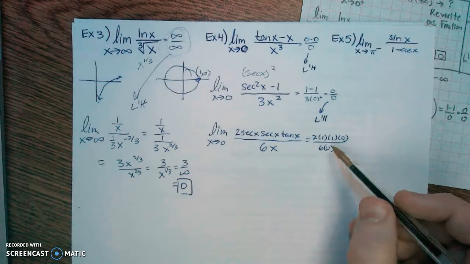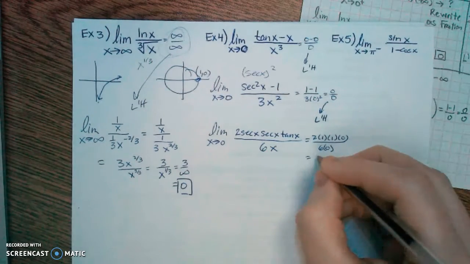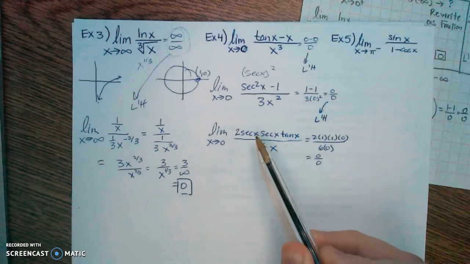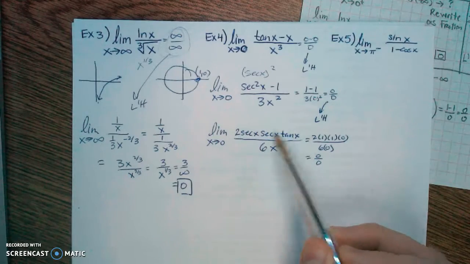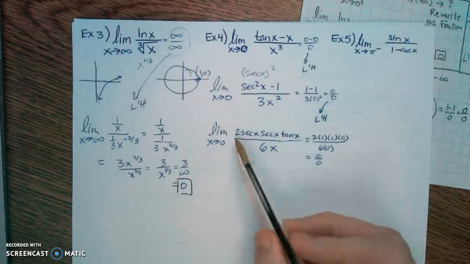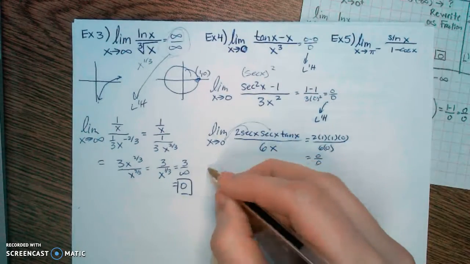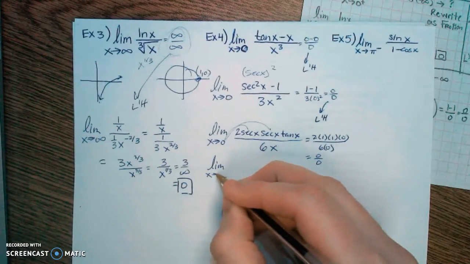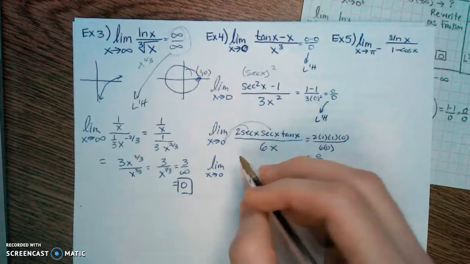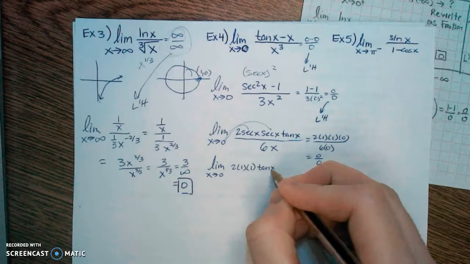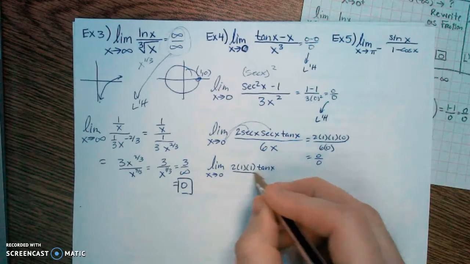Now, that means I can use L'Hopital again because I have the 0 over 0. However, let's try to simplify this as much as we can. So if I plug in my zeros here, the limit as x approaches 0 would be 2 times 1 times 1, but let's leave tangent alone, and let's leave the bottom alone.